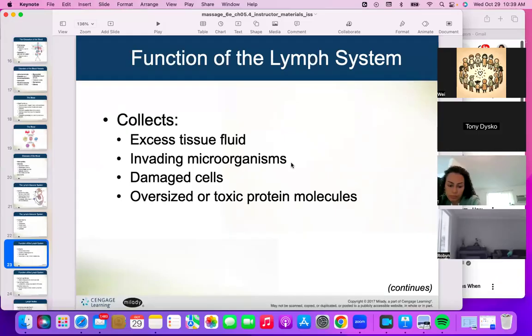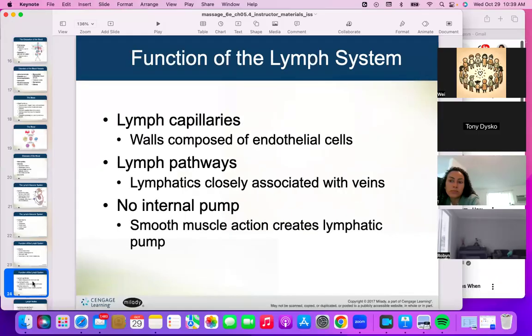Then the lymphatic system comes in and cleans up these invaders, any damaged or dead cells, and oversized or toxic protein molecules. The lymphatic system collects all of those to be filtered out of the body.